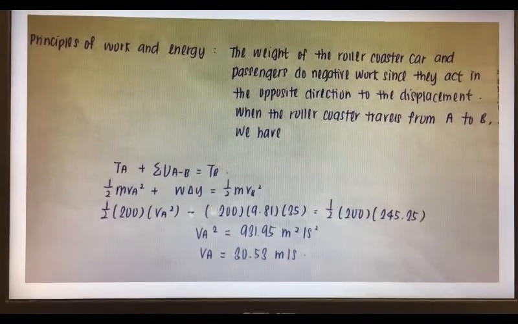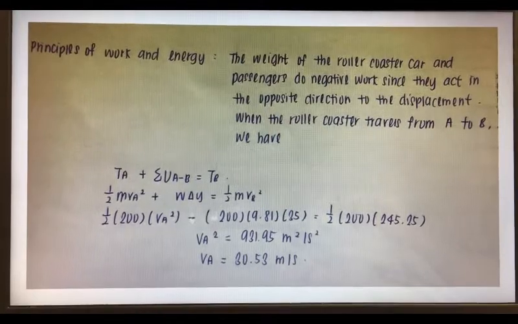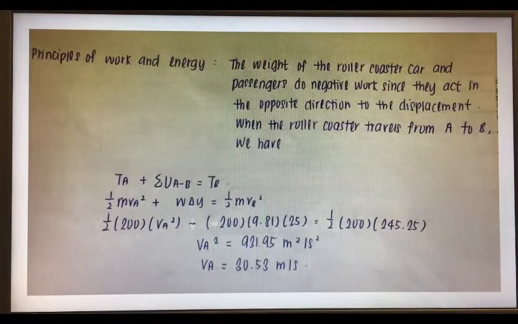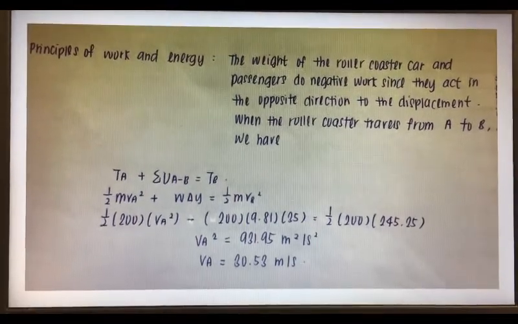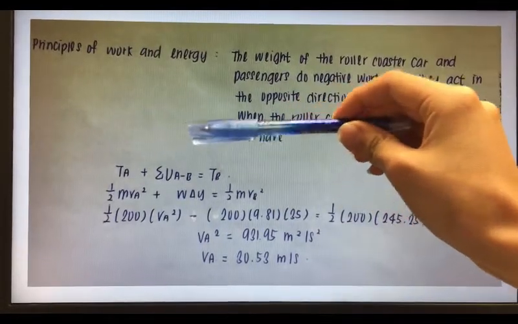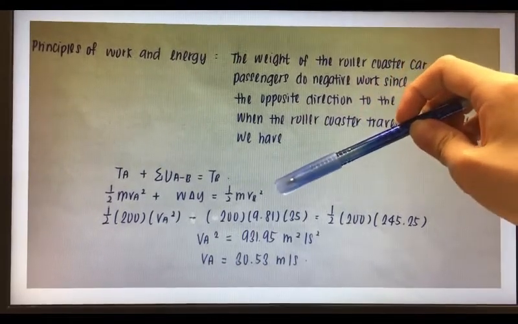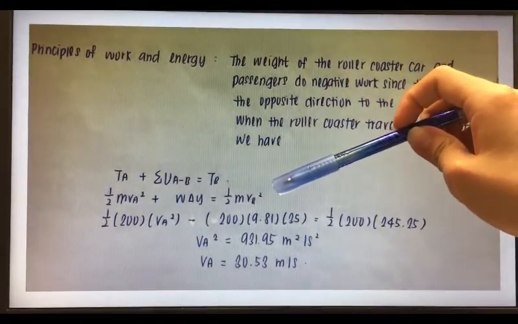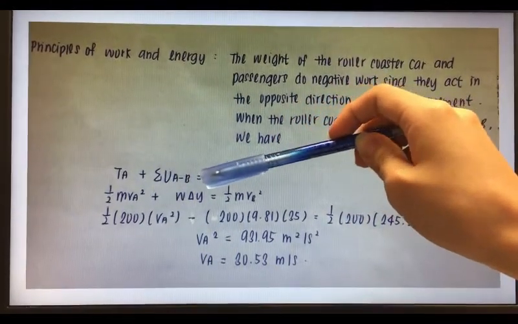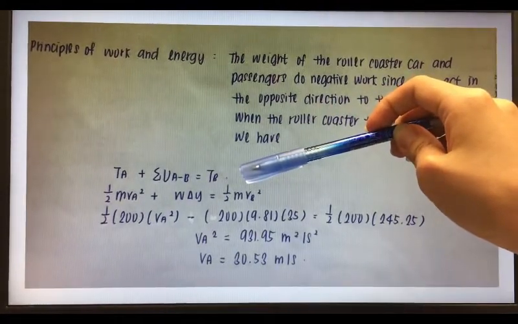The weight of the roller coaster, car, and passengers do negative work since they act in the opposite direction to the displacement. When the roller coaster travels from A to B, we have TA plus work equal to TB, and we elaborate the equation: half m vA squared plus weight times change in y equals half m vB squared.